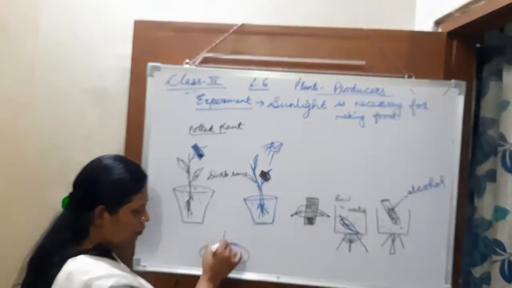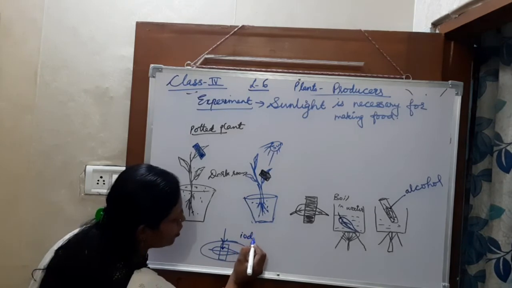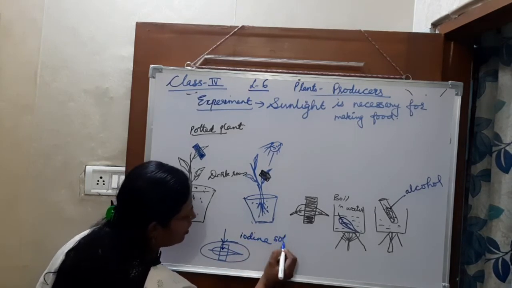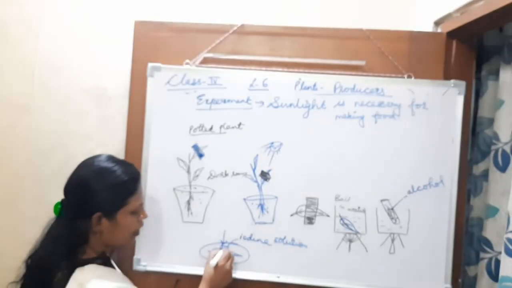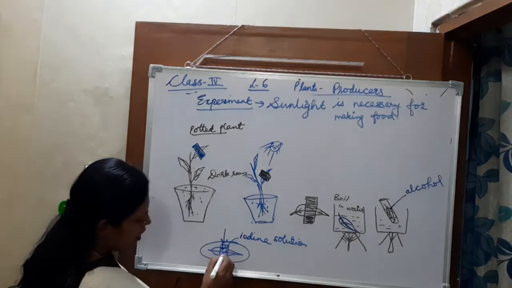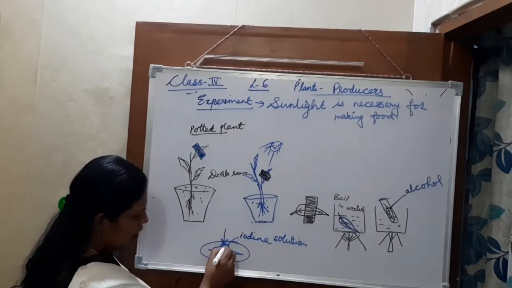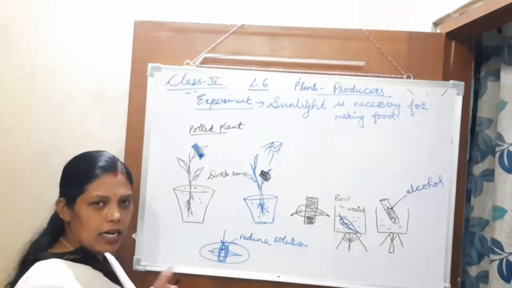Then add a few drops of iodine solution. Put a few drops of iodine solution in it, and you can see this portion becomes colorless. That means there is no change, because after boiling, the color is gone.